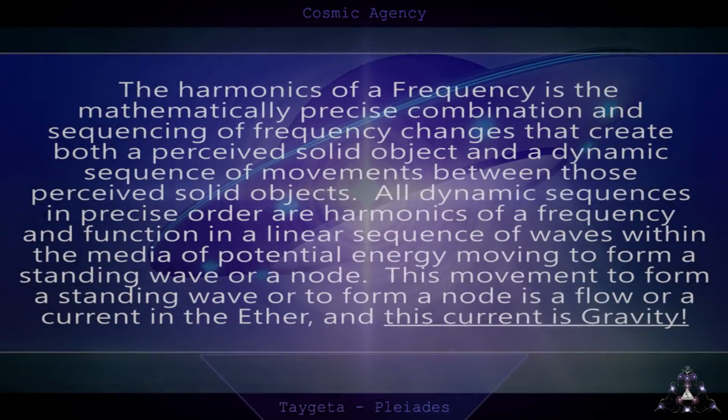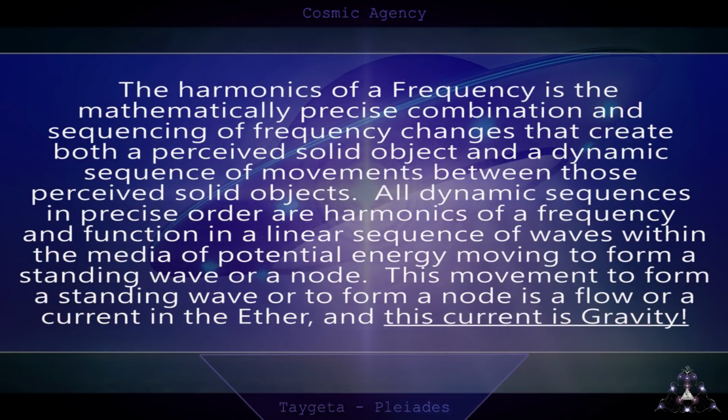The harmonics of a frequency is the mathematically precise combination and sequencing of frequency changes that create both a perceived solid object and a dynamic sequence of movements between those perceived solid objects.